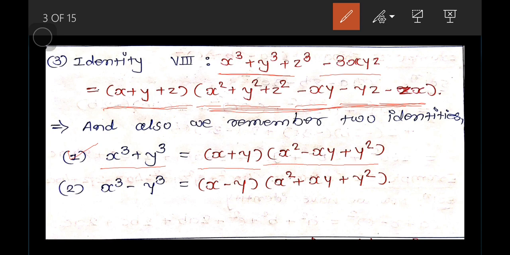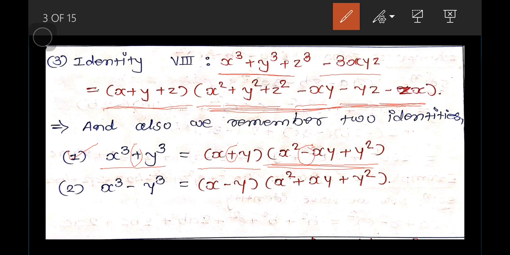Remember, in the quadratic case, (x plus y) all square is given by x square plus 2xy plus y square, but in this cubic identity, the second bracket is given as x square minus xy plus y square, not 2xy. So if a plus sign is given between two terms, then we put plus sign in the first bracket and minus sign first in the other bracket.